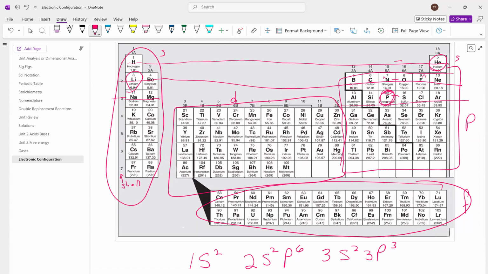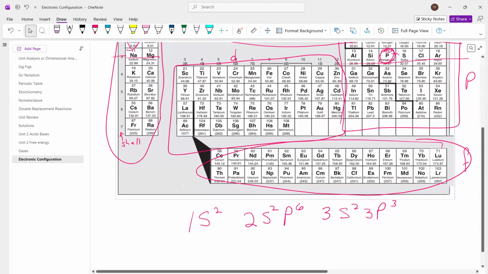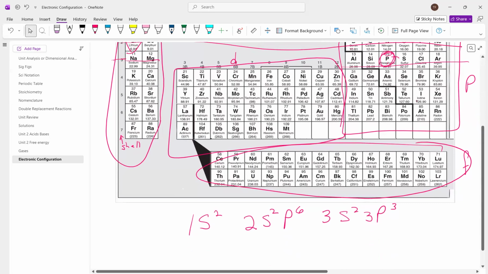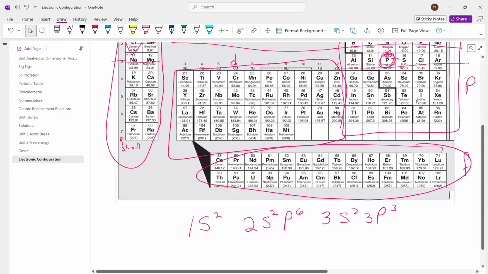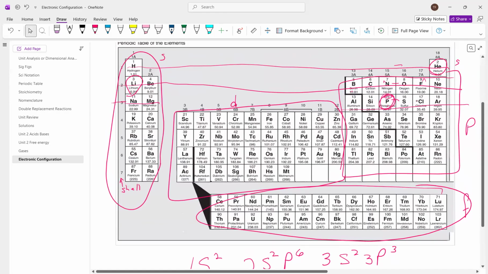Yeah, you just go through the blocks. Okay, does that make sense? Yeah. All right. So why don't you do sulfur, S?